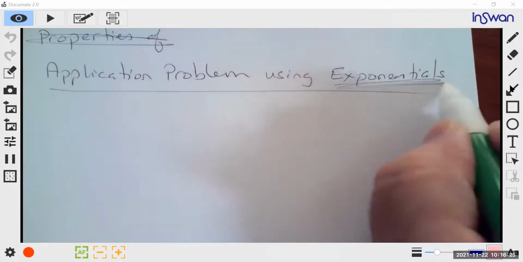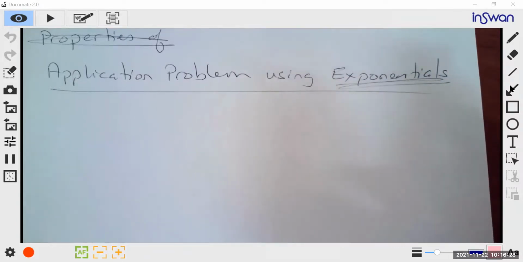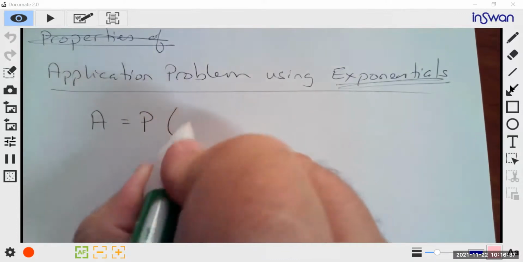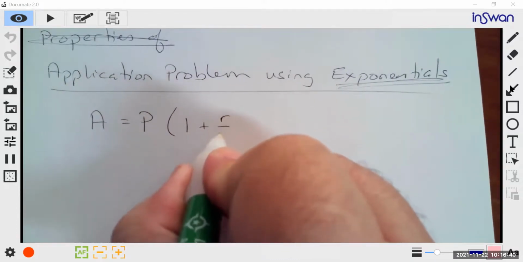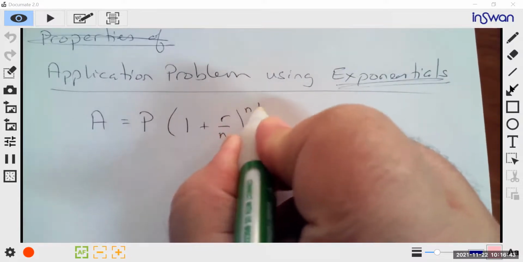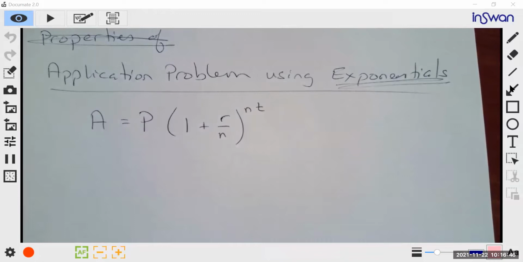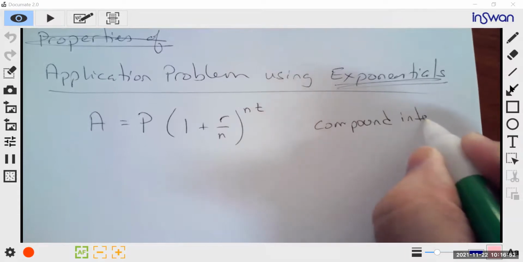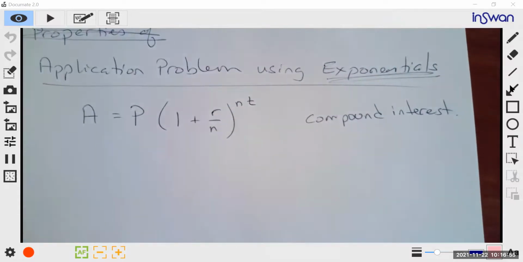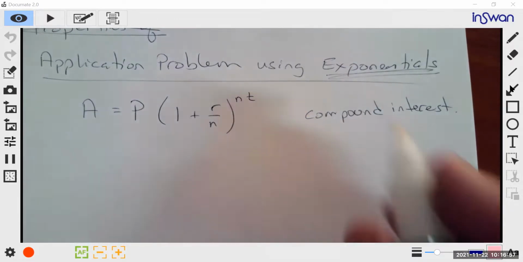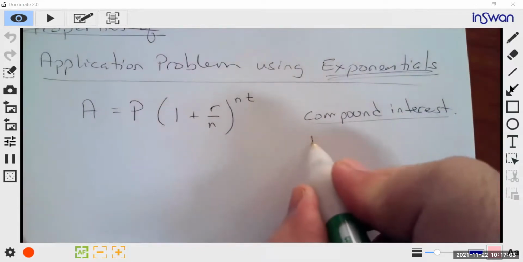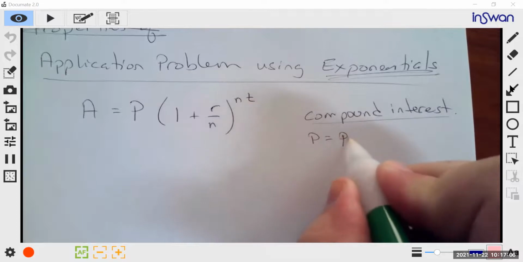Remember, whenever you hear exponentials, that means x is the variable on top of the power. This is an example of future or compound interest. What compound interest looks at is: P is the principal.